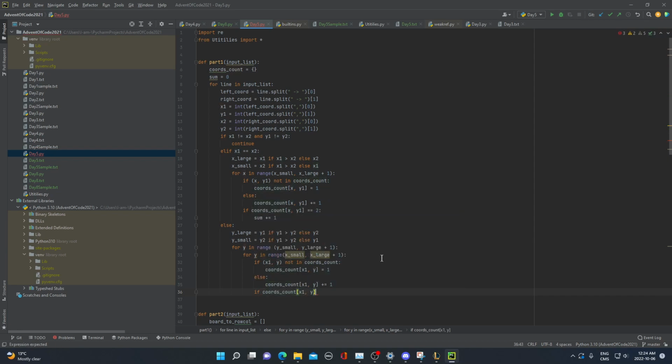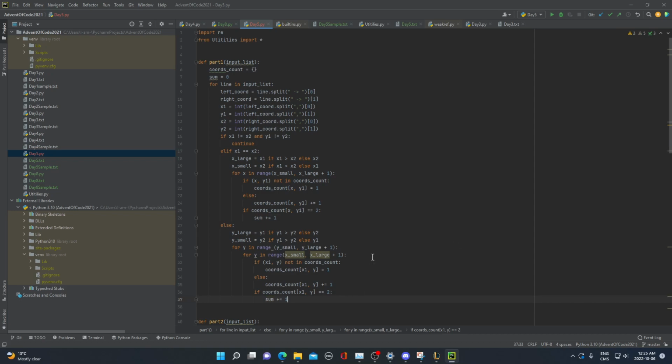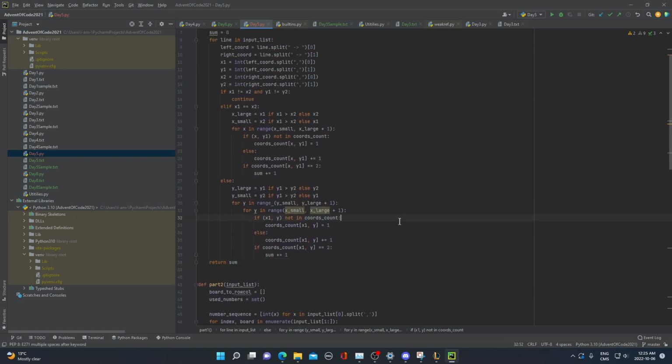X1, y is equal to 2. That should work. Once we return the sum, it'll print it out, and we should get the answer.